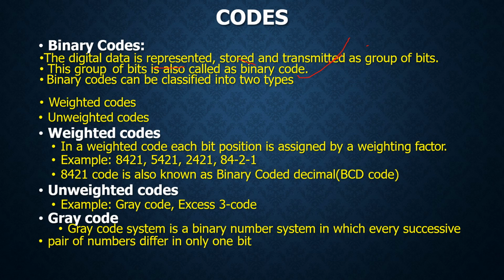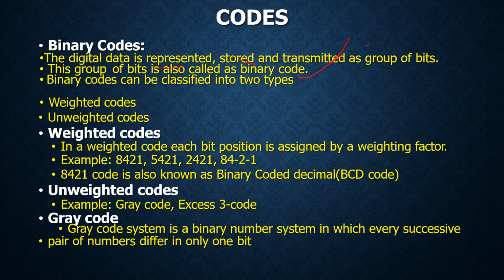What are weighted codes? In a weighted code, as we saw in the previous problem also, we gave a weight to the specific values, that is 1, 2, 4, 8, 16, 64. In that manner we gave weights, and when we calculated the corresponding values, we got the decimal value, and where the remaining places were filled with a 0, we got the binary value.